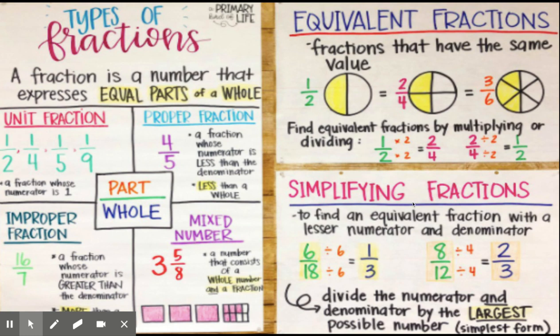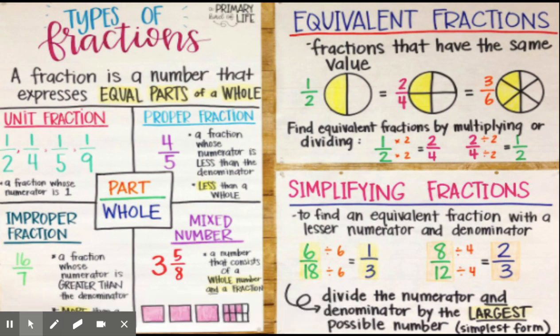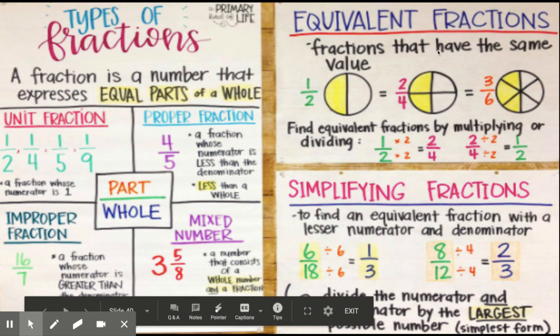Simplifying fractions. Simplifying fractions, I think, was the hardest concept for most of you to grasp, because instead of multiplying to get an equivalent fraction, you're now dividing to get it as small as it can go. You can always multiply the numerator and the denominator by the same exact number and get an equivalent fraction that is bigger.